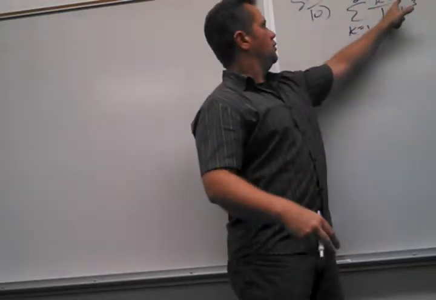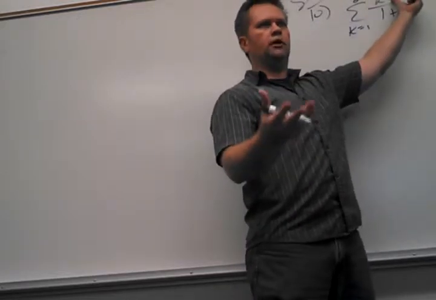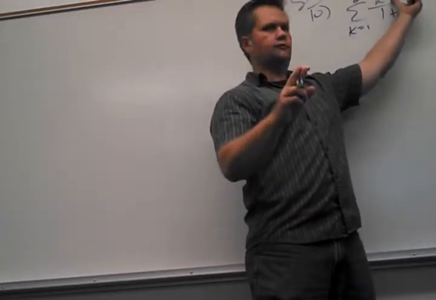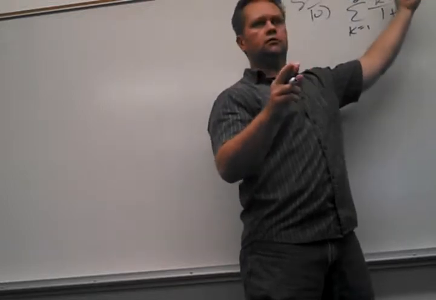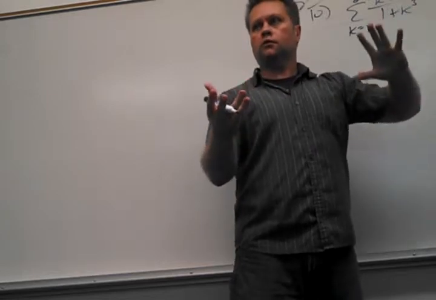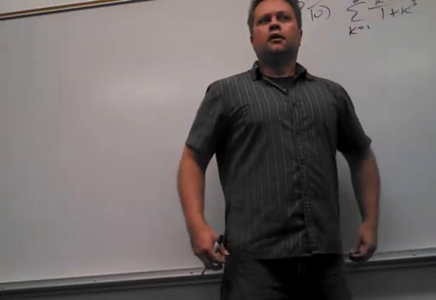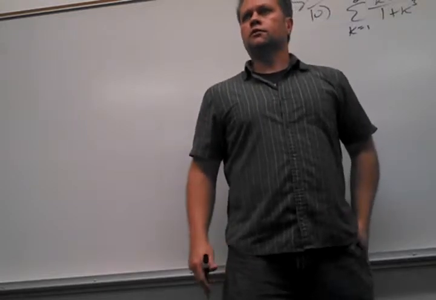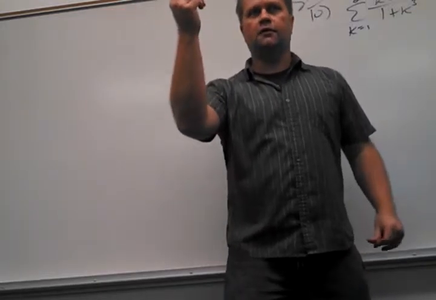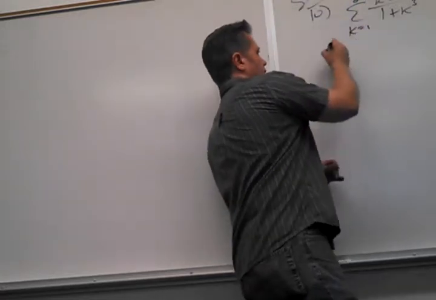So if you take the piece out, this guy goes between 0 and 1 because it's squared. If you move him out of the way, you end up with something that looks like 1 over k squared. And I know that does what? What's that series do? Converges. I love it because it's a p series for p greater than 1. Cool. So how does this limit comparison test work? What's got to be true to even be able to use it?